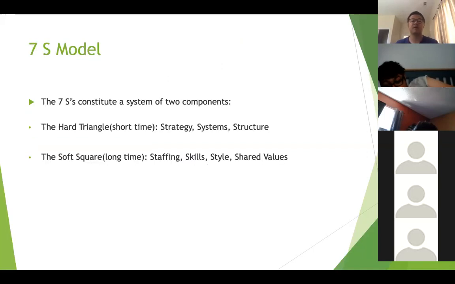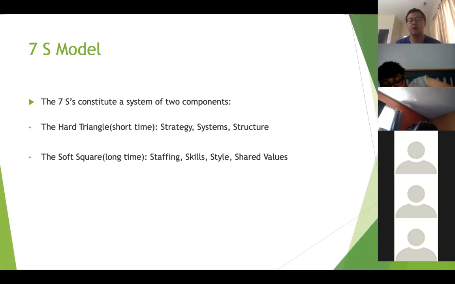The first one, the 7S model. The 7S constitute a system of two components. The first one is a hard triangle, the three dimensions: strategy, systems, structure. They can be achieved in a very short time, because you can change a strategy immediately, whether it will be successful or not.